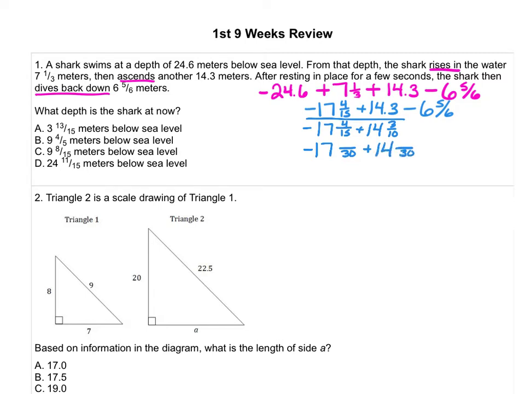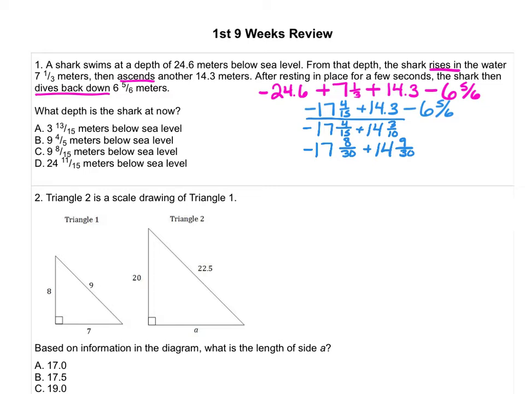15 times 2 is 30, so 4 times 2 is 8. 10 times 3 is 30, so 3 times 3 is 9. And in this problem, we are adding different signs, but the number further from 0, the greater number, when we try to subtract, we'd be saying 8 minus 9.